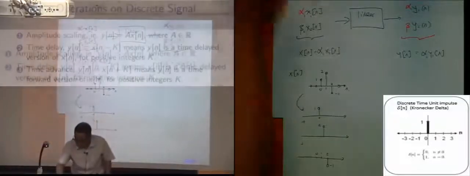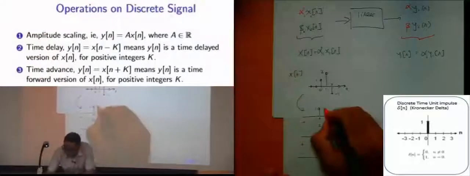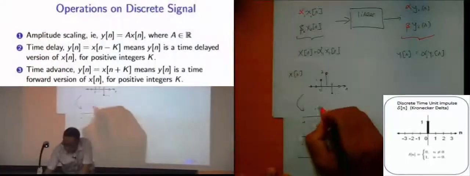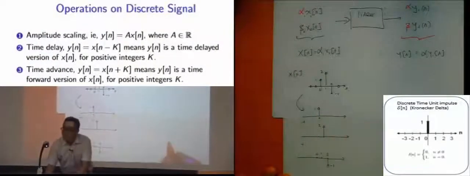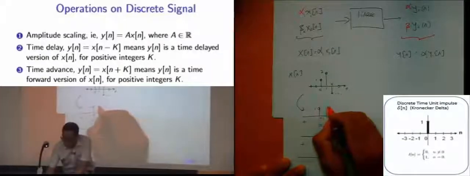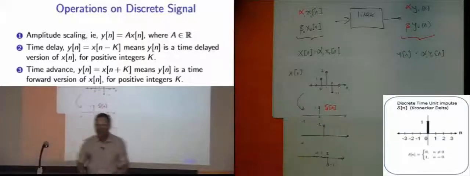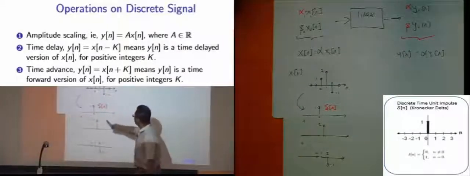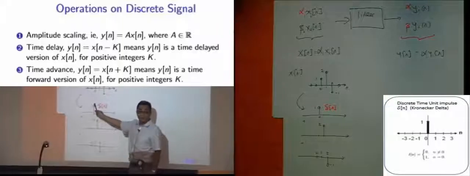Now let's write the equation for each one of them. In terms of delta, what is the function called? Delta n, exactly. Because delta n means a spike at time 0 with value 1 and nothing else.